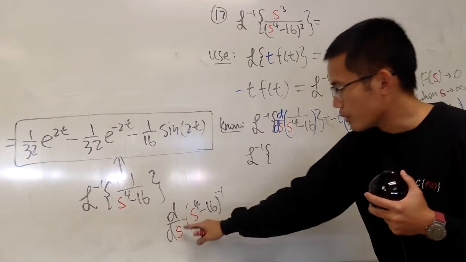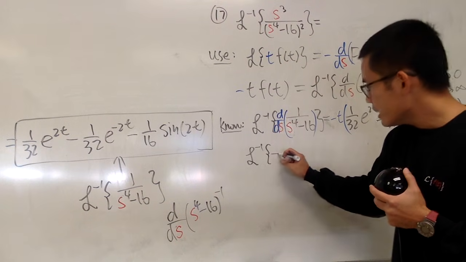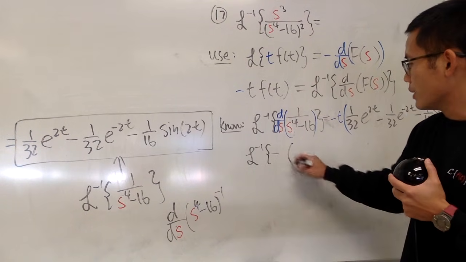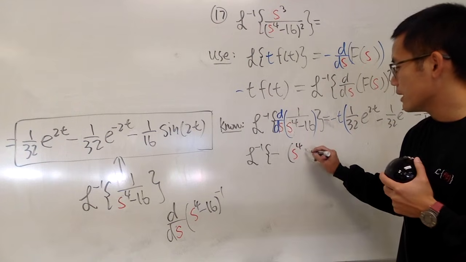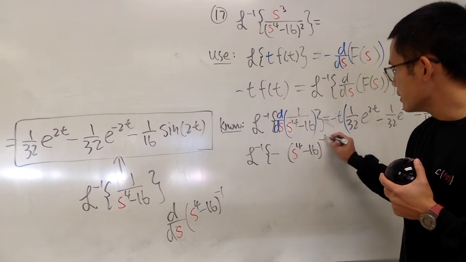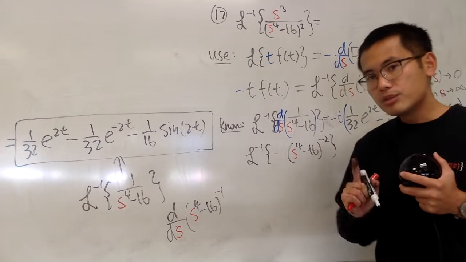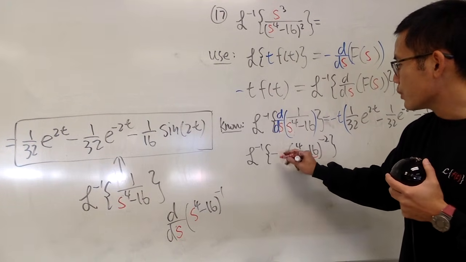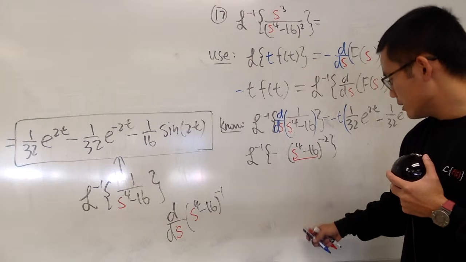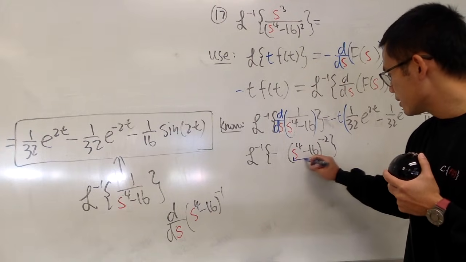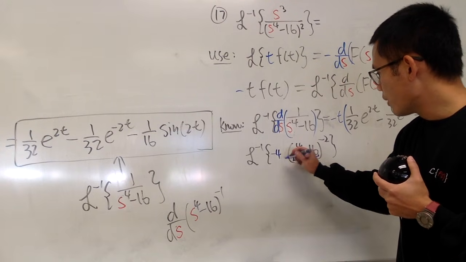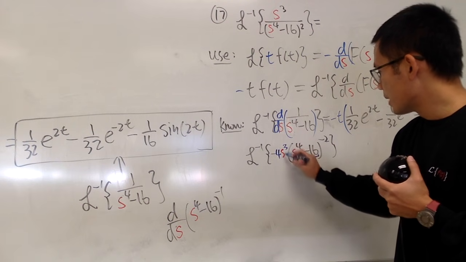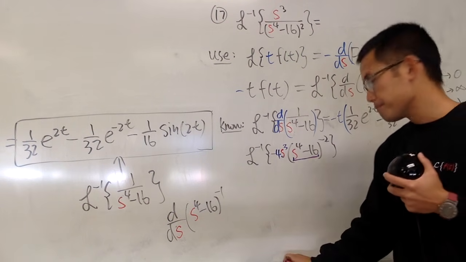You bring the power to the front, which is negative 1, and then minus 1, so you have s to the 4th minus 16 to the negative 2. But don't forget the chain rule. So multiply by the derivative inside, which is 4s to the 3rd power. And that's the chain rule, yeah?